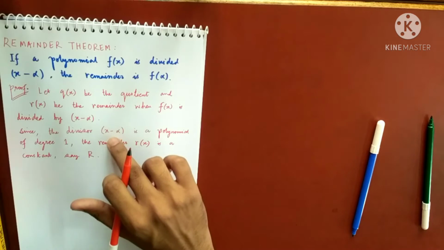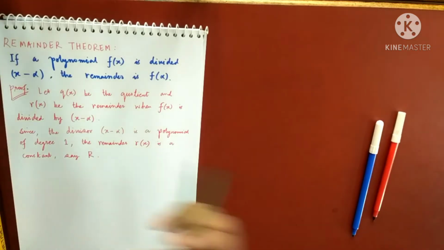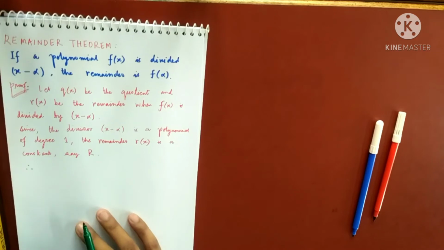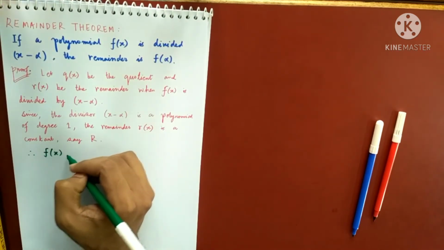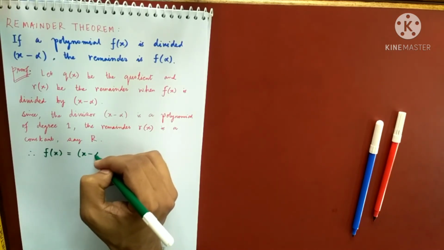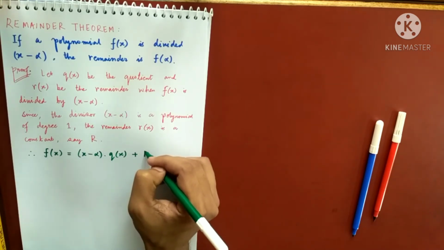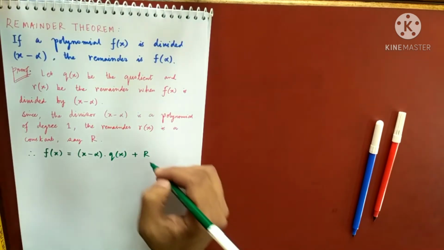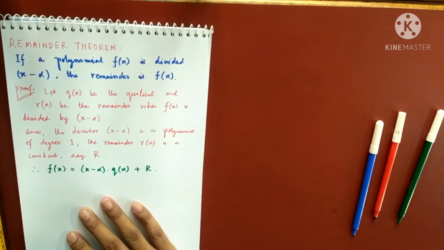Because the divisor is of degree 1, the remainder is a constant. So what will the division algorithm tell you? That f(x) can be expressed as divisor times quotient plus remainder, where the remainder here is r, a number. Clear up to here?